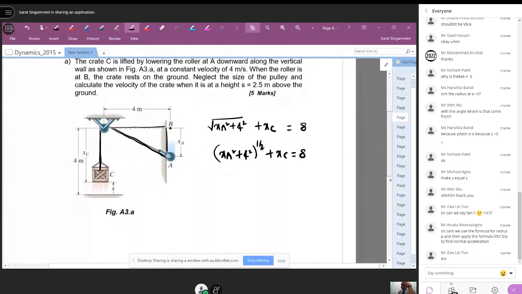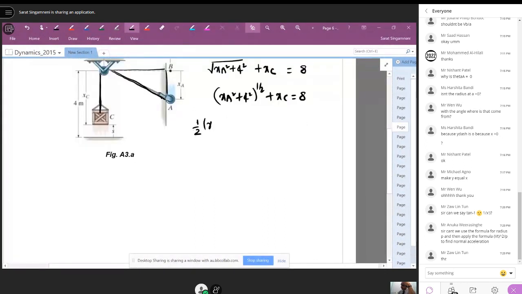So that differentiation is half xa squared plus 4 squared to the power half minus 1, which is minus half, but times 2xa times dx over dt, which is xa dot, plus dxc over dt is xc dot equal to 0.